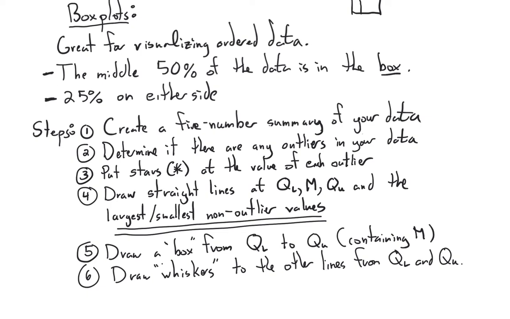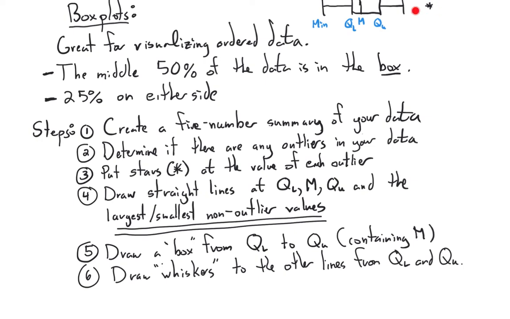So box plots look something like this, where this value here is the lower quartile, then we have our median, then we have our upper quartile. This side is easy. We don't have any outliers to the left, so the min is just going to be where the box plot ends.